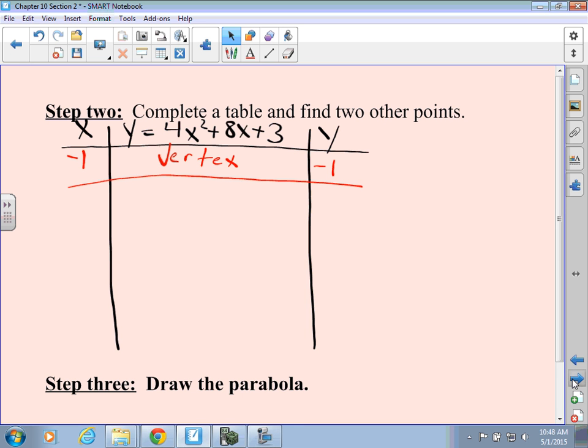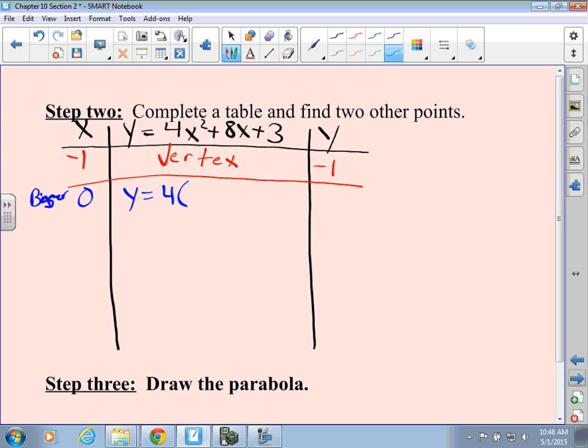Y equals 4 times 0 plus 8 times 0 plus 3. Y equals 0 plus 0 plus 3. And I get 3. I want at least 3 lines of work for this. Don't just put down 3 and do jazz hands like, wow, there you go, done. Okay?